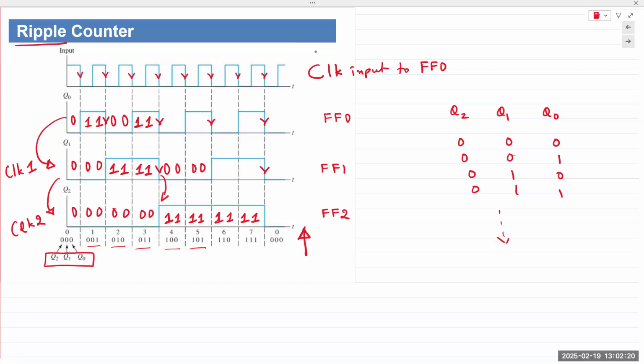For 1, 1, 1, the clock resets to 0, 0, 0. So at 7, would it be 1, 1, 1? Yes. 7 is the 8th state because it starts at 0.